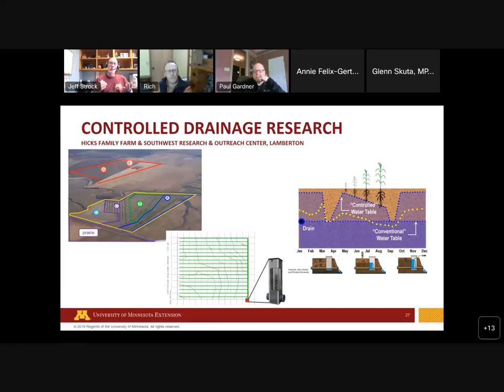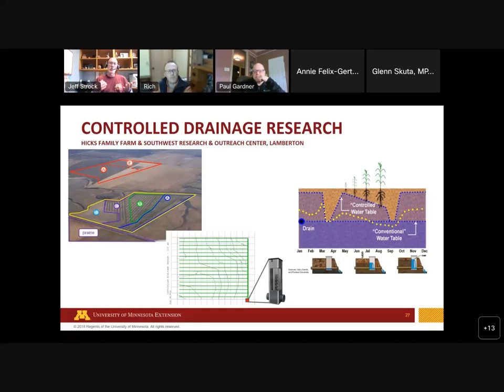It's also a bit more expensive because it requires more tile to manage the water table at an even level compared to just free drainage. It works well under modest drought conditions, and again, we have some questions on return on investment, especially when we think about that slight yield increase with controlled drainage.